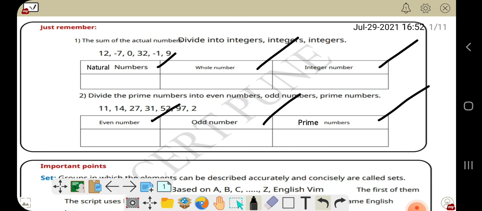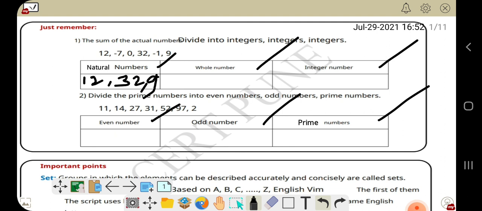If I have to write natural numbers from this series, I can write all positive numbers above 0. What are here? 12 is there. 0 is not a natural number. 0 will be considered as whole number. 32 is there. 9 is there. All these numbers are natural numbers.